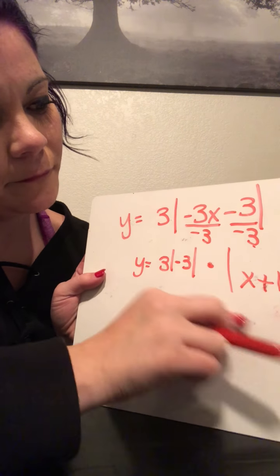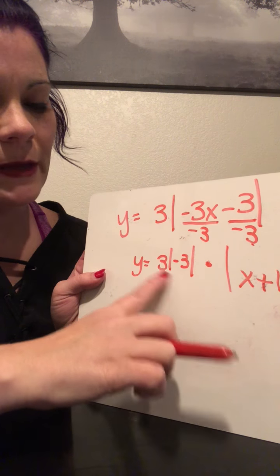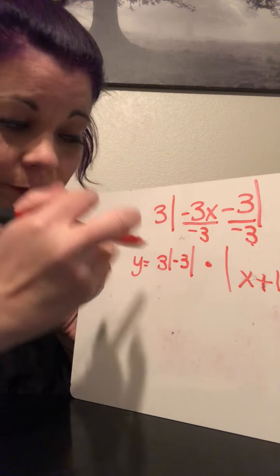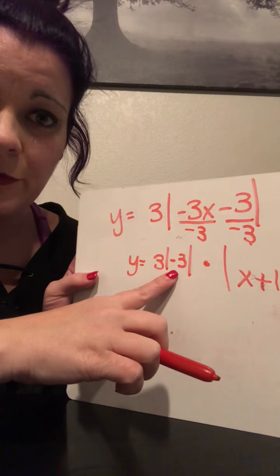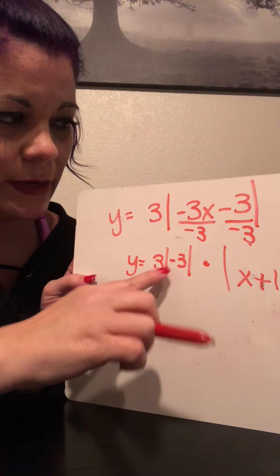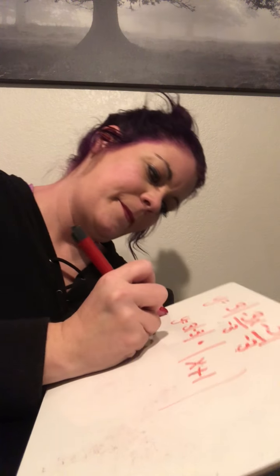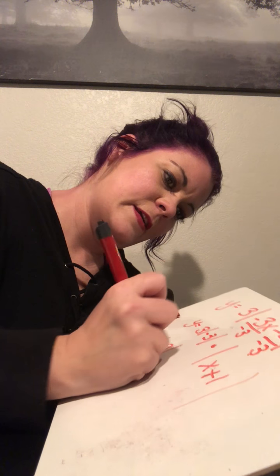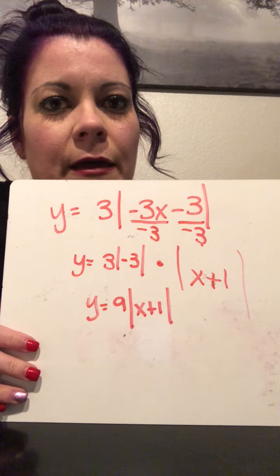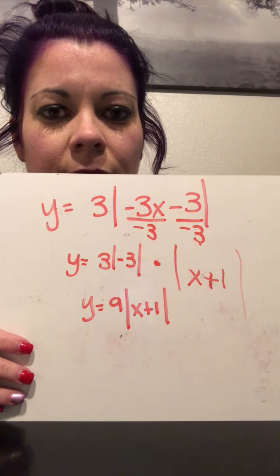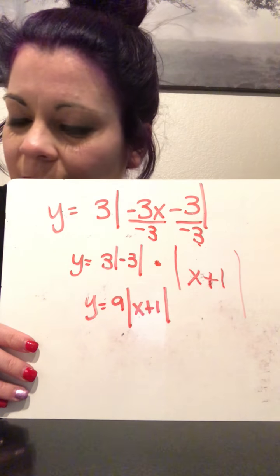Okay? So then we're going to multiply these because we took this -3 out, but the absolute value of -3 is just 3. So 3 times 3 is 9. So y equals 9 times the absolute value of x plus 1. Okay?